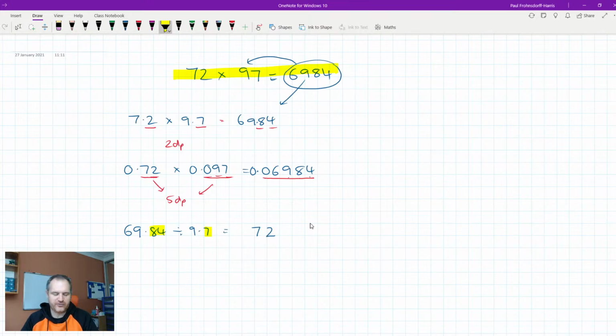Division will cancel decimals rather than adding new ones. So 2 decimals, we lose 1, so it's going to have 1 decimal in the answer, so it must equal 7.2. Okay, hopefully that's helpful.